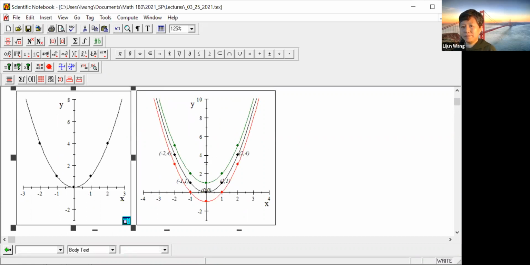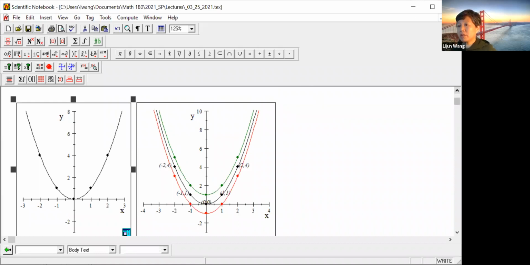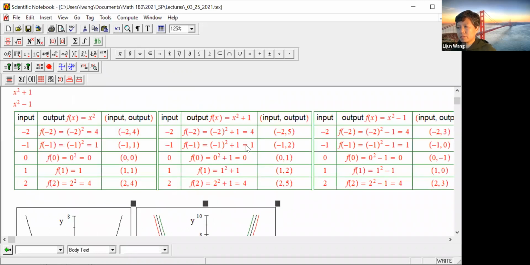All right. Did you get that picture? Okay, so let's see what's going on. Compare with that table we just worked. X squared, right? You see, I did not change the input at all. The input all stays the same.